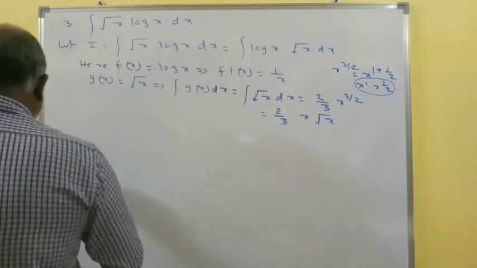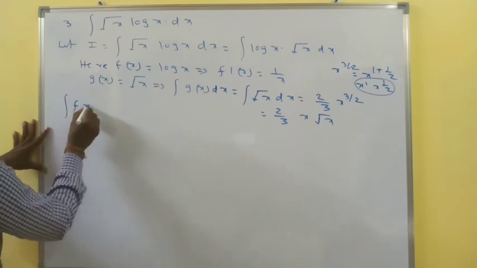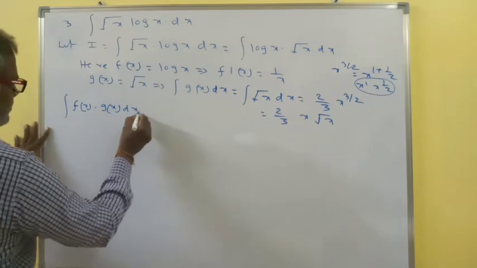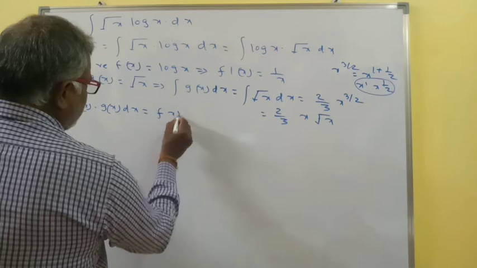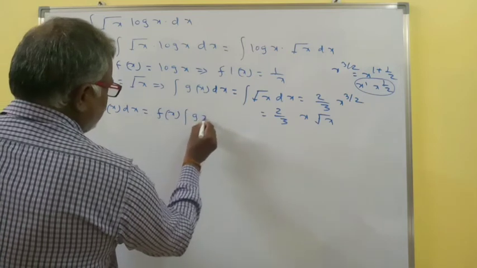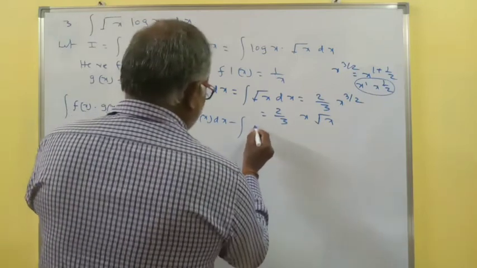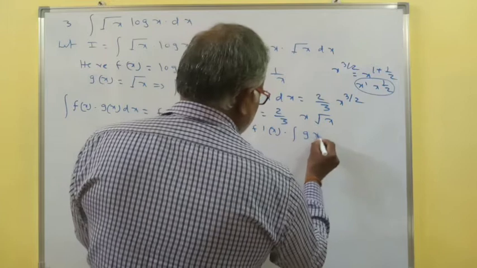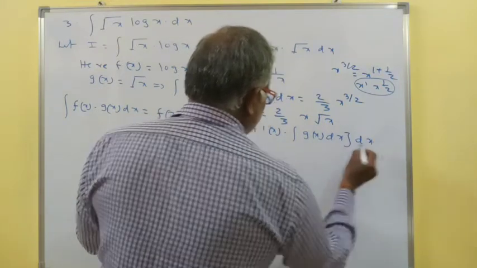Okay? Next. Now write down the formula. Integral of f of x into g of x into dx is equal to first function into integral of second function minus integral of f dash x into integral of g of x dx.